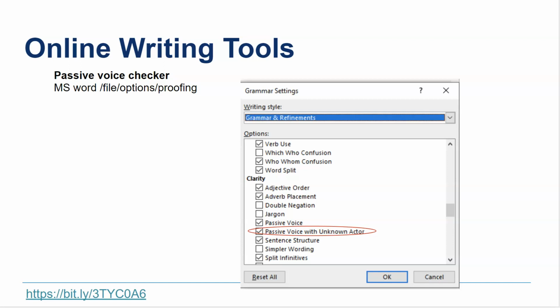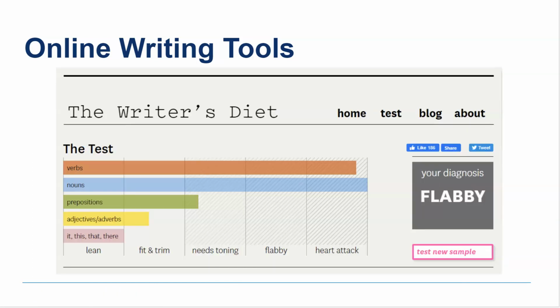We can use online writing tools to give us feedback as we write to improve the abstract. For example, using the passive voice checker in Microsoft Word. This was covered in the online abstract writing lesson. The link is below the video and at this bit.ly URL. Another online writing tool is the Writer's Diet, a free open access website where you paste your abstract into a box and the algorithm analyzes the words and gives you a result.